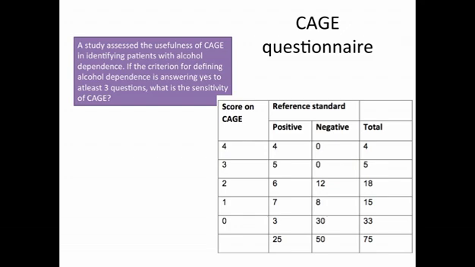Now, let us see an example. A study assessed the usefulness of CAGE in identifying patients with alcohol dependence. If the criteria for defining alcohol dependence is answering yes to at least 3 questions, look at the table given here and answer what is the sensitivity of CAGE.